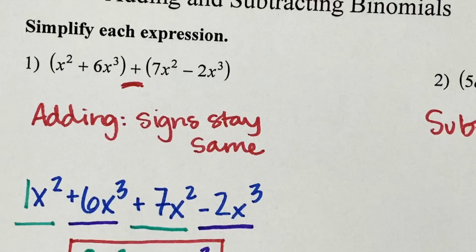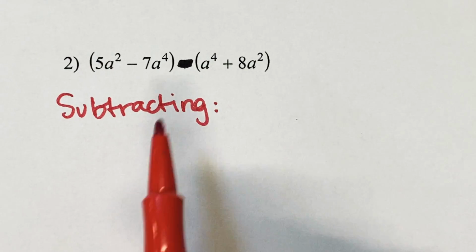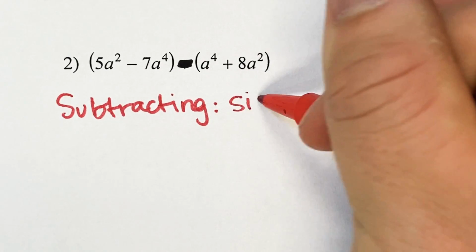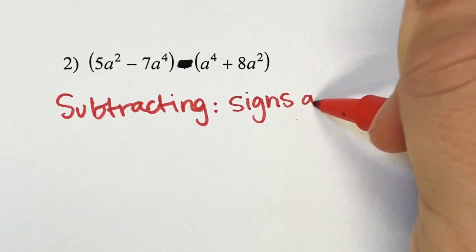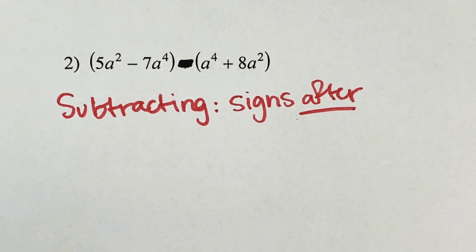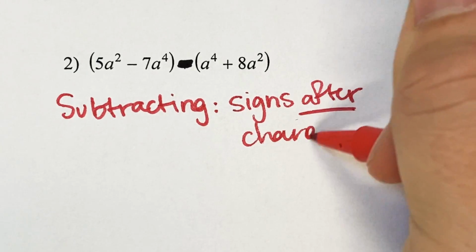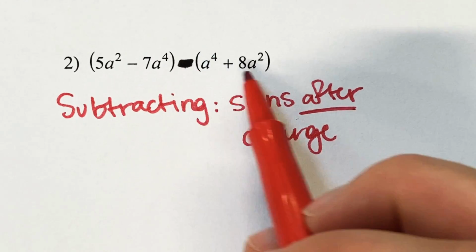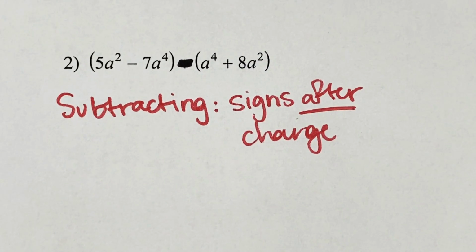When we were adding, the signs stayed the same. What do you think they're going to do when we're subtracting? The signs after, change. Meaning the signs after this subtraction sign change. Only after.